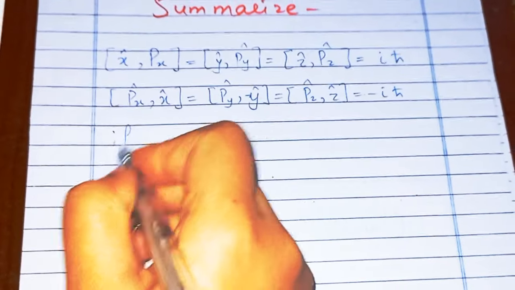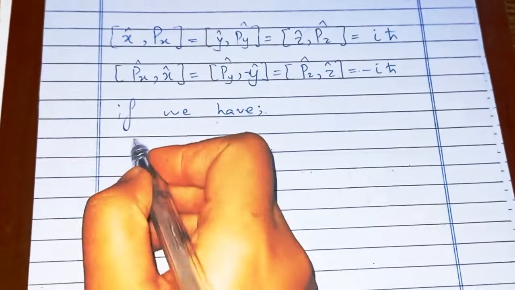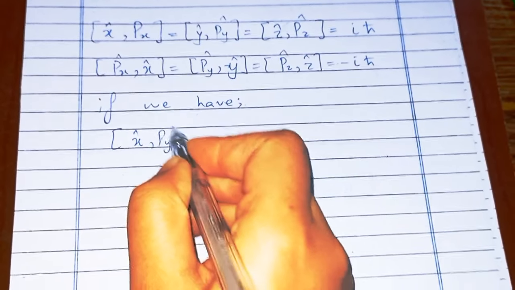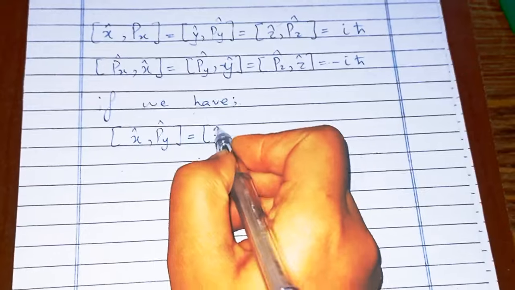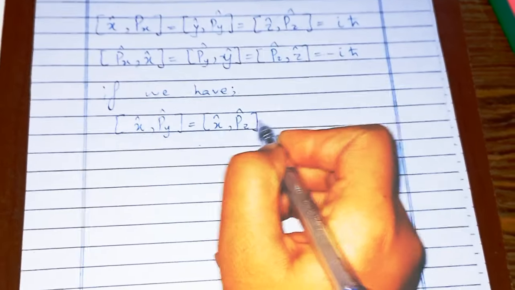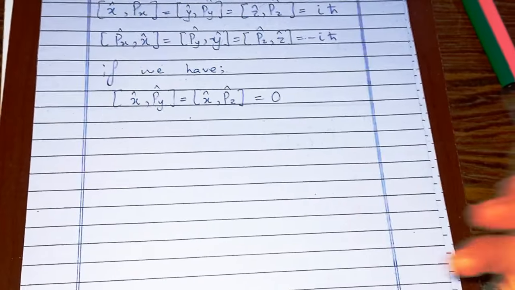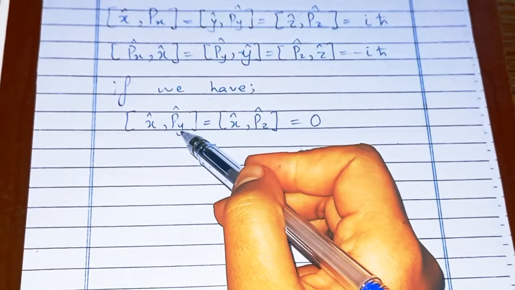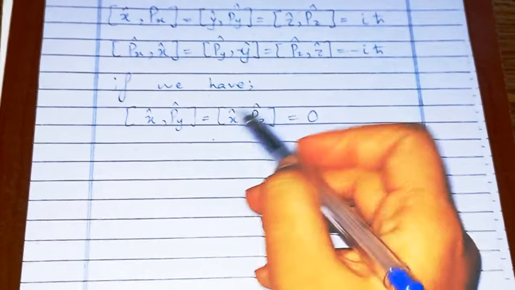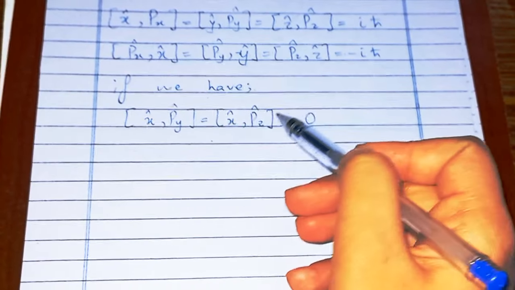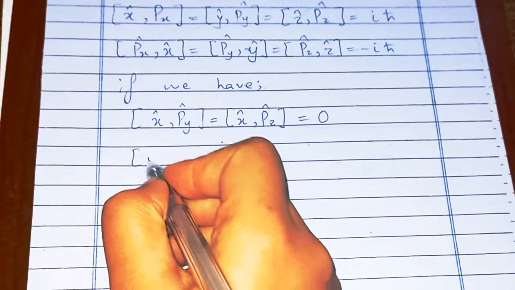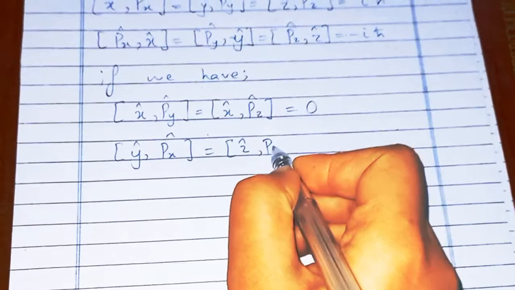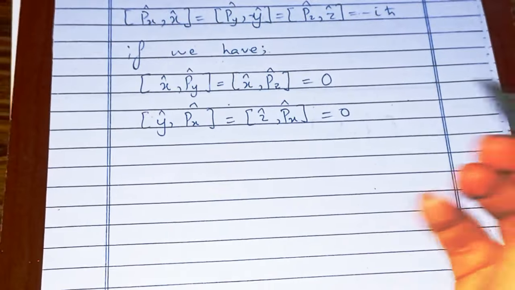Now if we have the commutation relation between the x component of position and the y component of momentum, for example, or the x component of position and the z component of momentum, they will be equal to 0. If you are finding the commutation relation between different dimensions, such as y for momentum and x for position, x for position and z for momentum, and any mix of it, they are equal to 0.